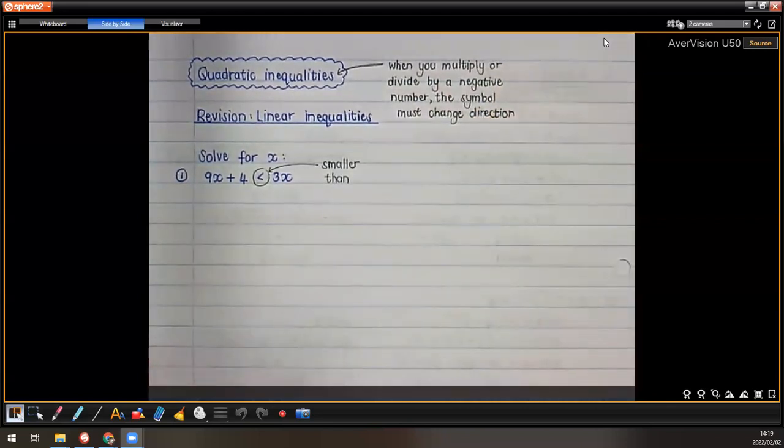That is very important. If we have, for example, a negative x and a 4, and we want to take that negative 1 over, we need to swap the symbol around. We can't just divide by negative 1 like we did before. We're going to do that, but we need to then swap the symbol.